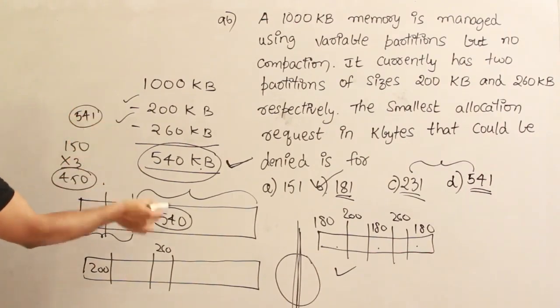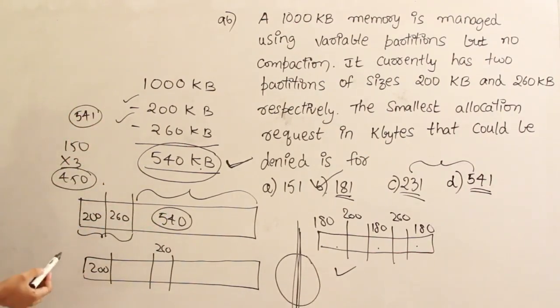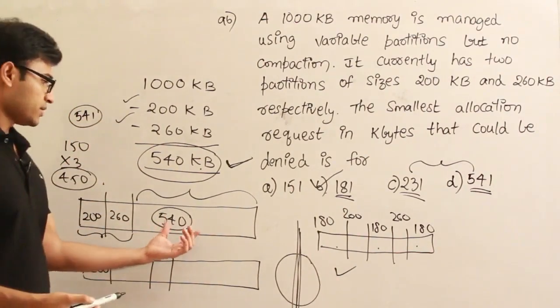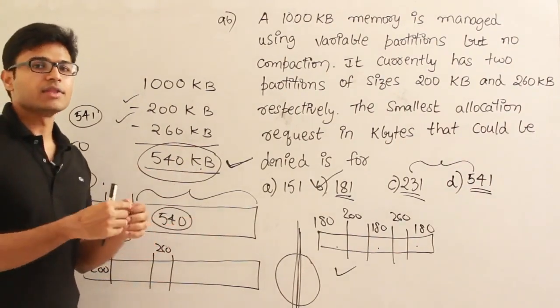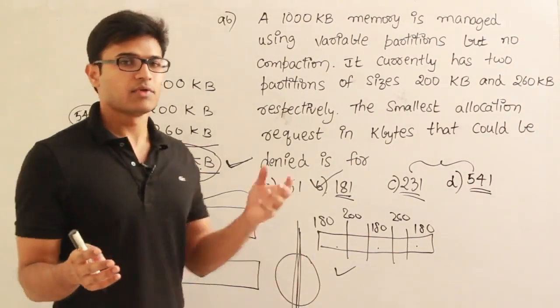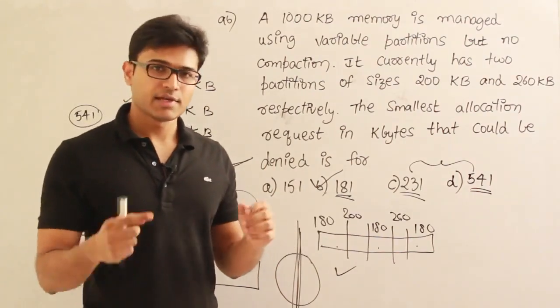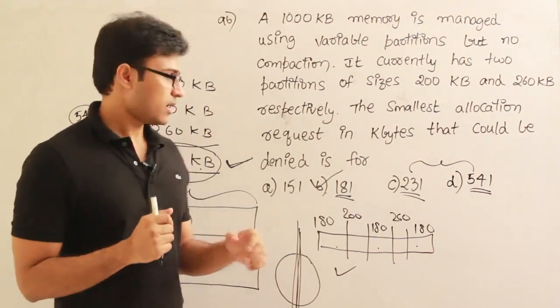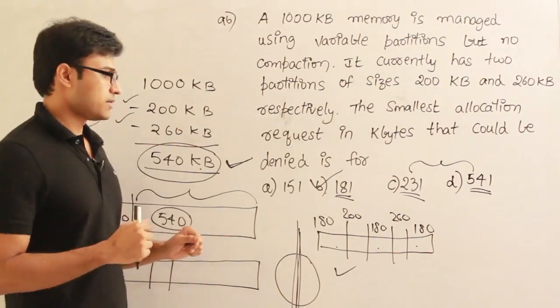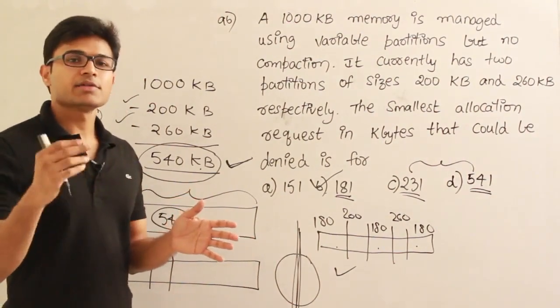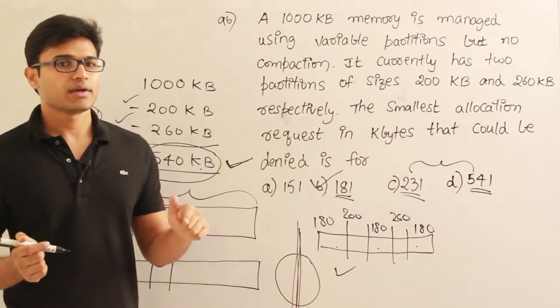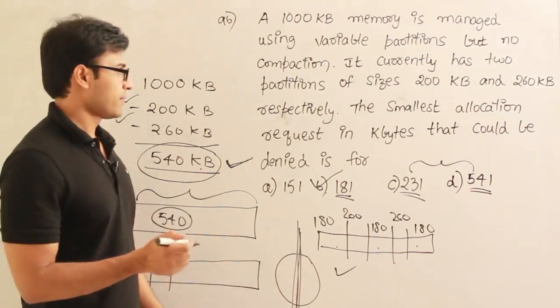If anything is less than 541, that could be allocated, right? So if they are talking about the largest request that could be denied, try to have one single hole with as big size as possible, then it will be able to hold the largest possible size, and you do +1, that will be denied, right? And if they are talking about the smallest allocation which will be denied, then you are going to make it as many partitions as possible, and each partition is going to contain as small size as possible, right? Fine.